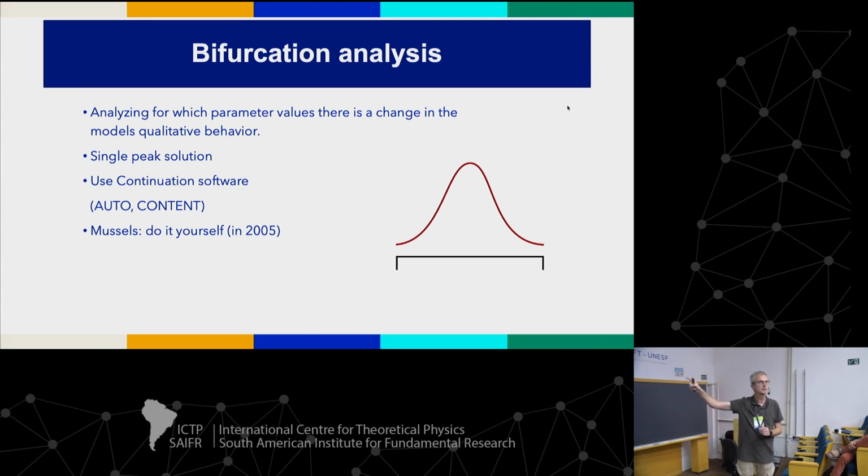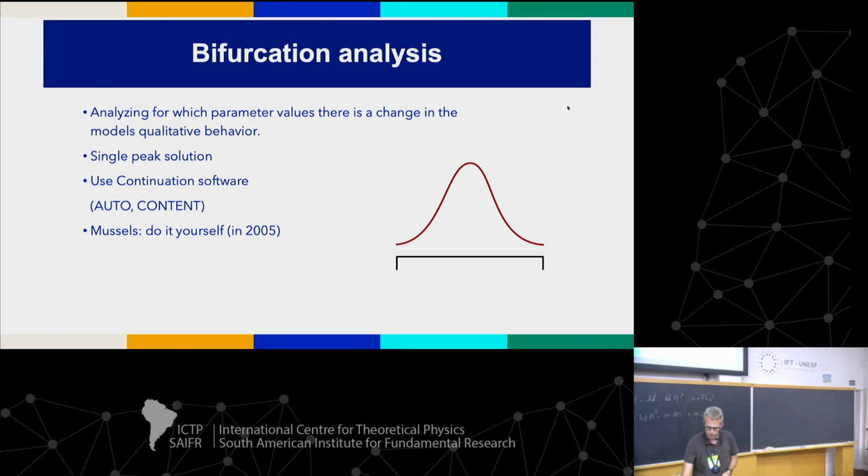You say one peak fits in there. Then, using continuation software, you follow that equilibrium while changing the parameters, using an algorithm that traces the equilibrium. It can trace it through stable regions and also through unstable regions, which you can't do with normal simulations. But in 2005, I did it hands-on. I made a huge program that computed it all.